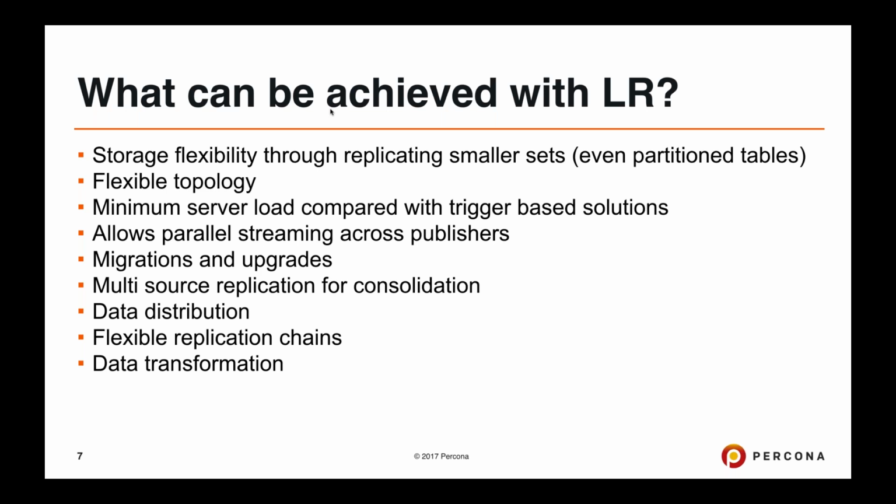You can actually distribute the data over a shard. And I'm going to show also one of the things that you can do manually for doing sharding with this. You can do more flexible replication chains, which allows you to make more complex database architecture.